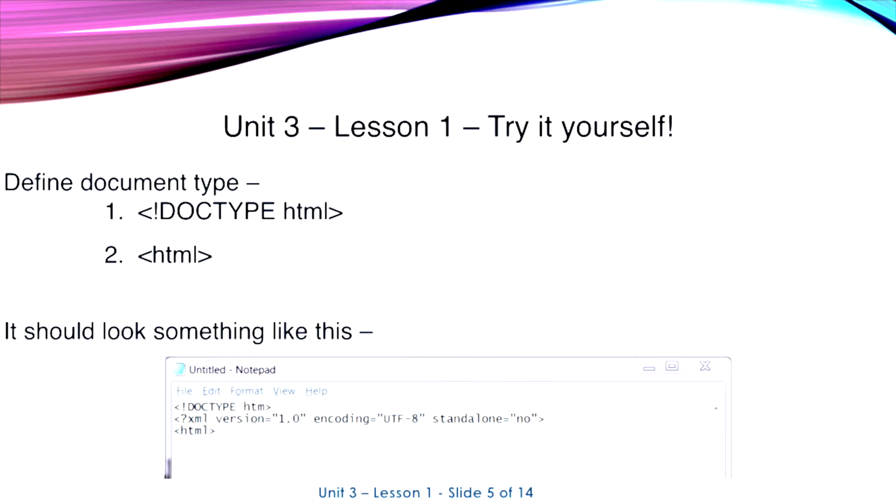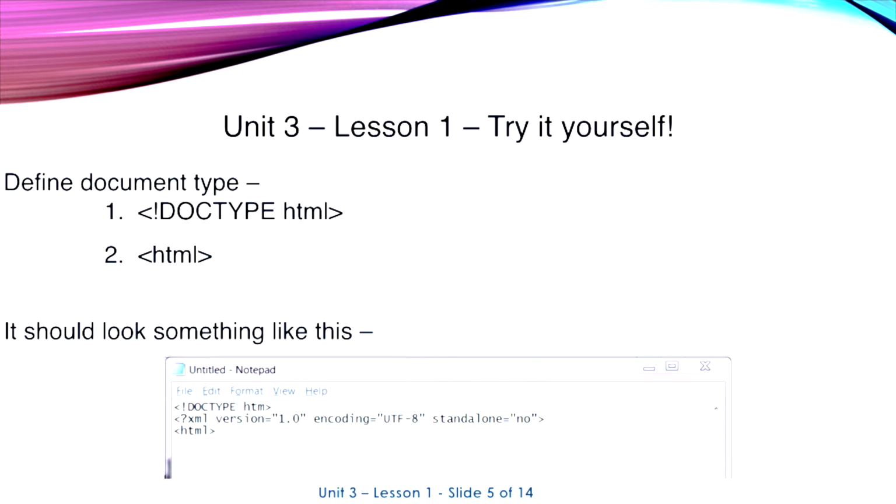The next thing we need to do is define the document type as a HTML document. We are doing this because in the second lesson in this unit, we will be working through how to view our code on a document as a web page. The first thing we need to write is DOCTYPE HTML, angle bracket.